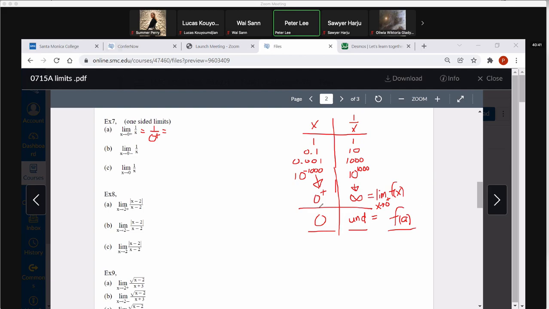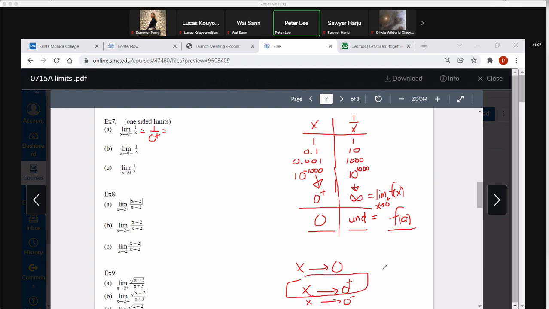Now when it says 0 plus, it only approaches from one side, from the positive side. Again, if we let x approach 0 plus, or 0 minus, that could mean x approaching 0 plus, or it could be x approaching 0 minus. So when you say x is approaching 0 plus, what does this exactly mean?